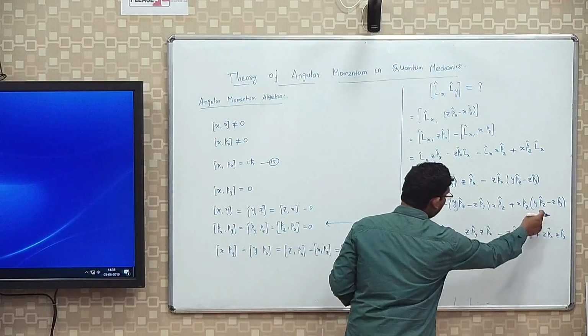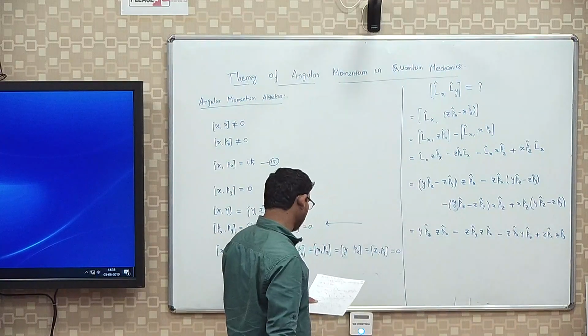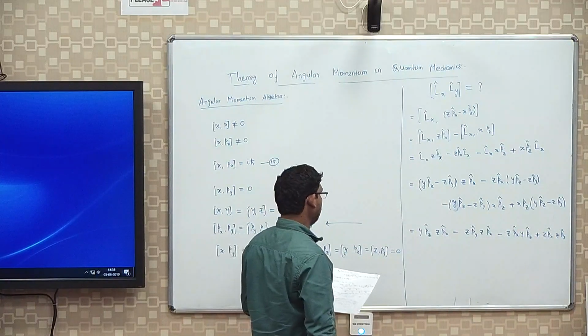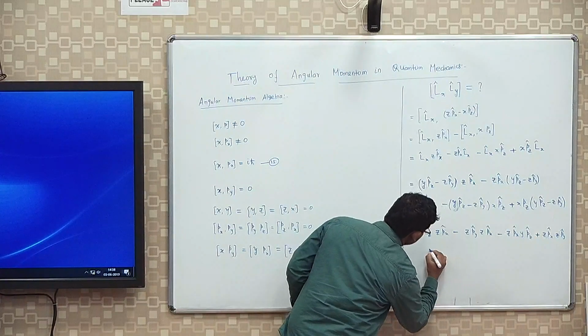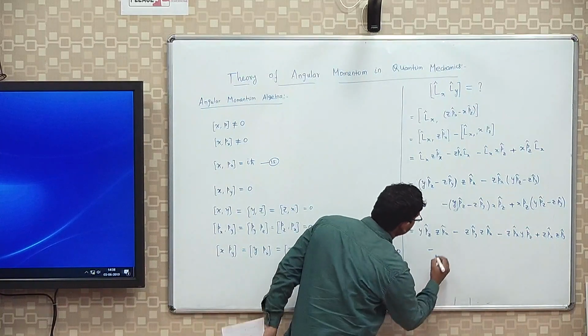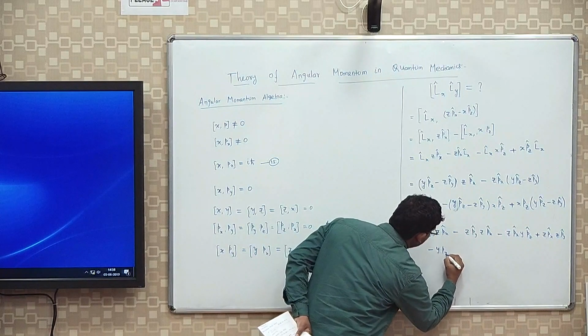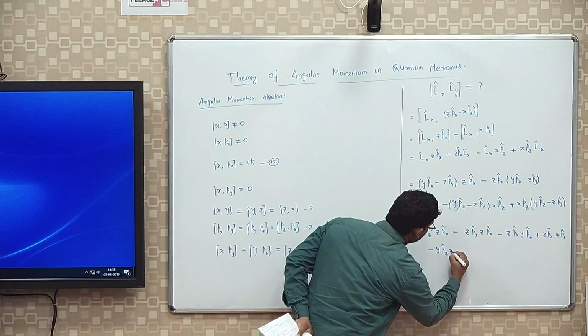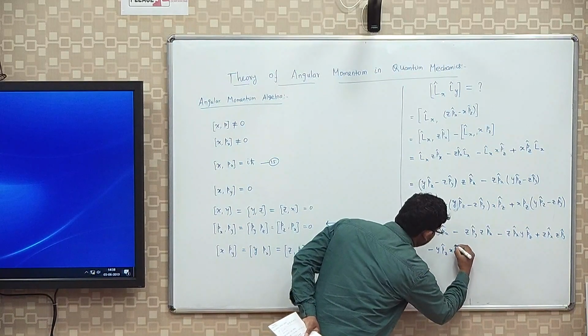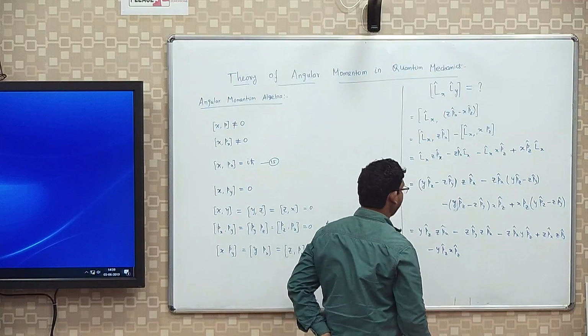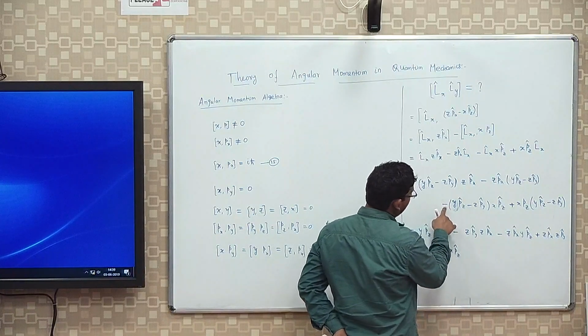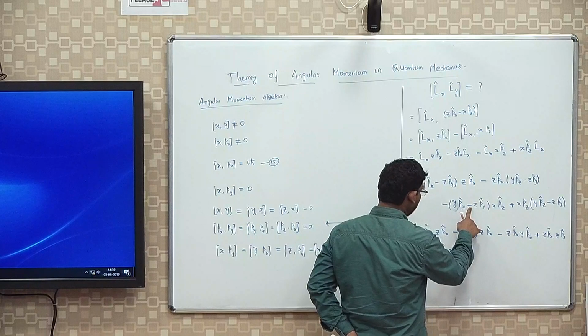Then here again another 4 more terms will be coming. So minus y pz operator multiplied with x pz operator. So here one negative sign is there, another one negative sign.